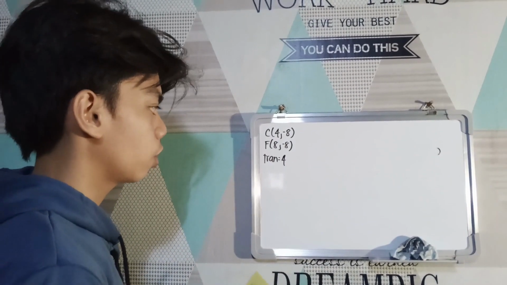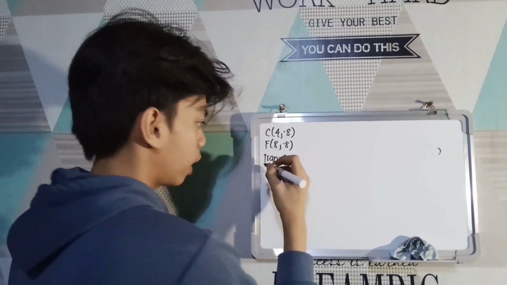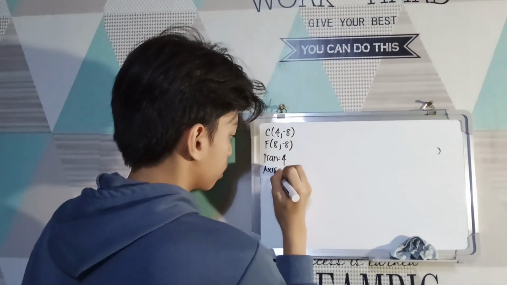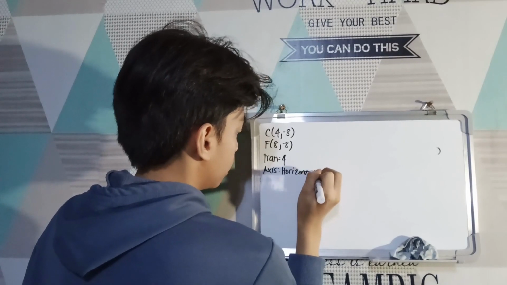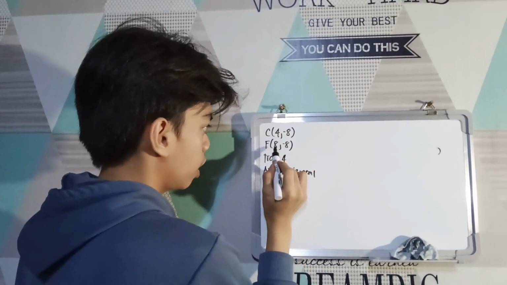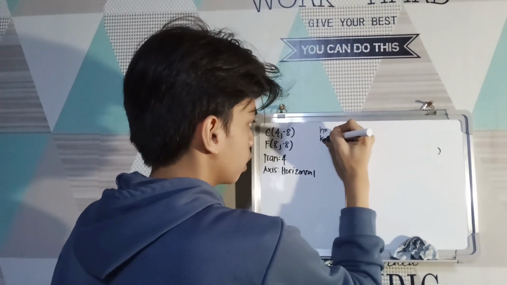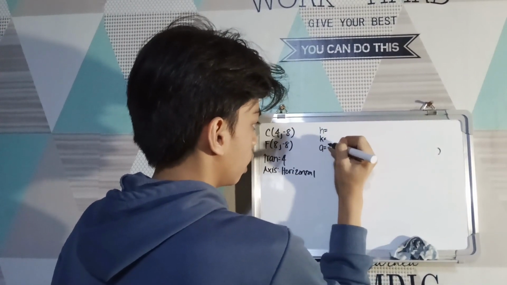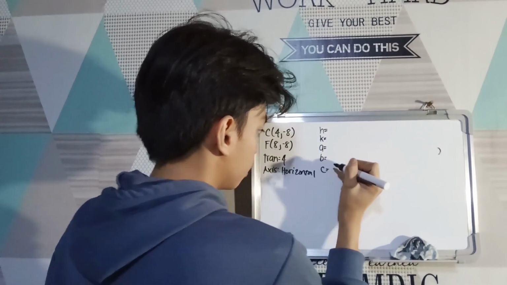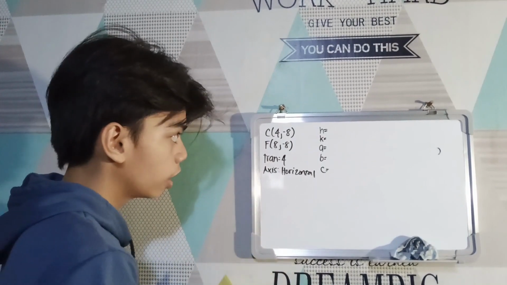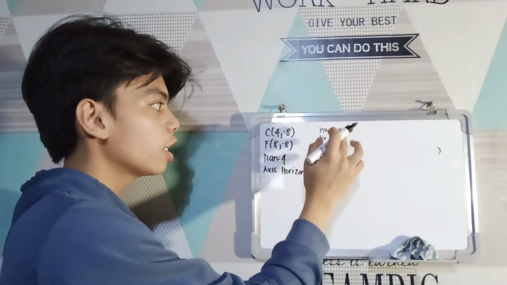In order for us to solve for the general equation, we need to identify first the axis. So, ang axis nito is horizontal. Since nagbabago yung h, so let's solve for the value of h, k, a, b, and c. Since given na ang center, meron na tayong value sa h, and sa k.